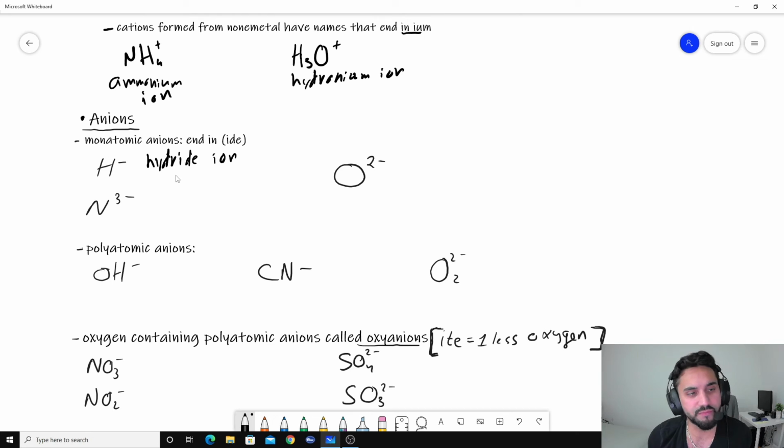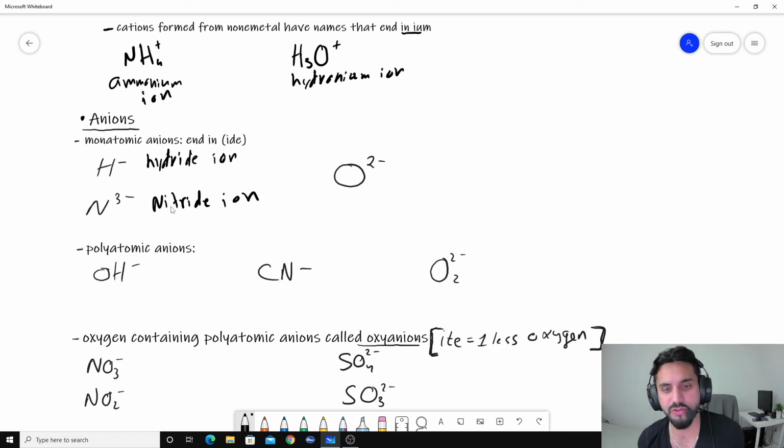Here we have a nitrogen ion, and we name this nitride. Sorry about the handwriting. Nitride ion.